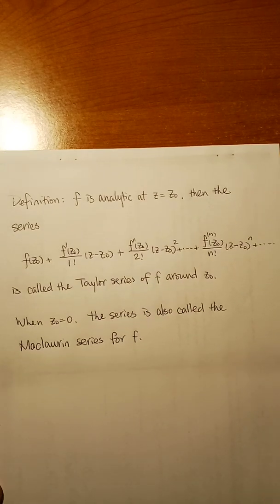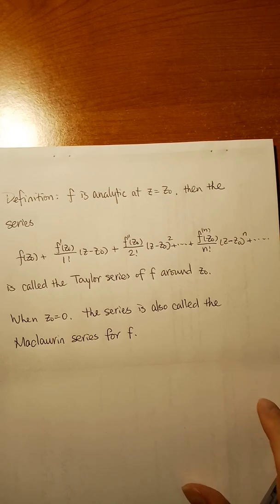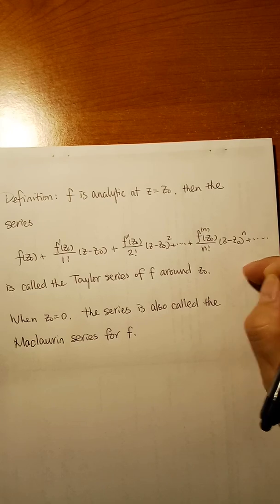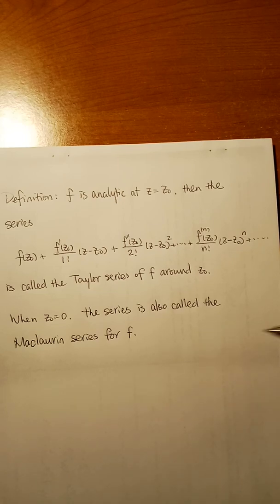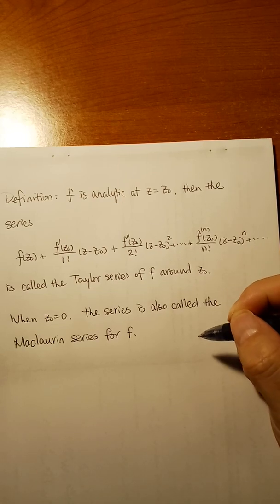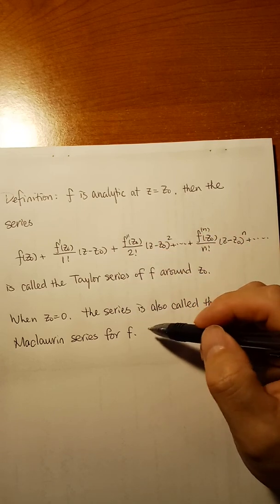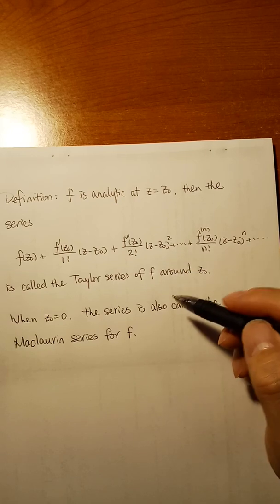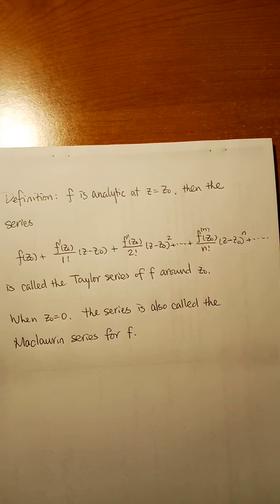Okay, so we mentioned these two definitions last time. These definitions come from polynomials, and you see that when you have a polynomial, you have some similar construction, but unlike the polynomial, at this moment we only say this is a Taylor series associated to the function f. We don't mention whether they are equal to each other or not.